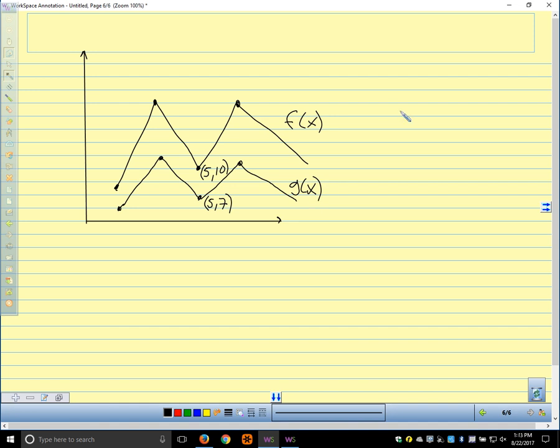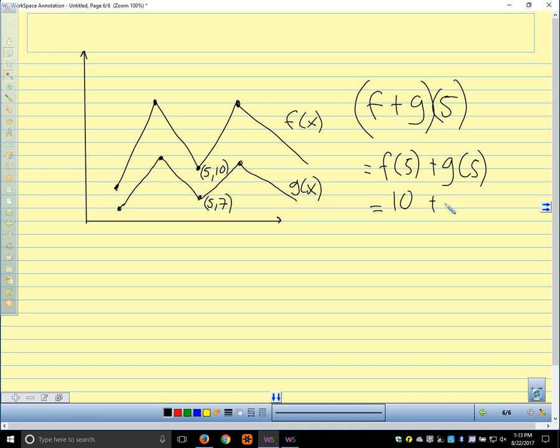And the question asks us, using the graph, find f plus g of 5. Well, we realize that f plus g of 5 is just, what do we do with those two values? f of 5 plus g of 5, right? f of 5 is 10, g of 5 is 7.